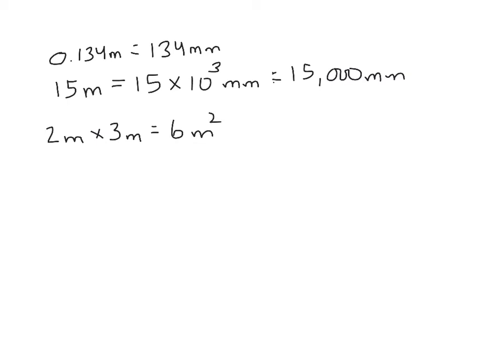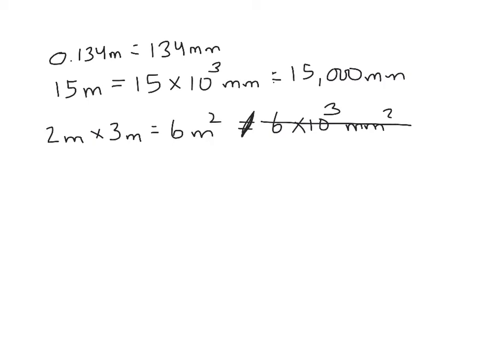But you might have to continue doing some math, but to have consistent units, you might need to be working in millimeters squared. Well, you cannot just add times 10 to the third to this and have it equal millimeters squared. Okay, this doesn't work.